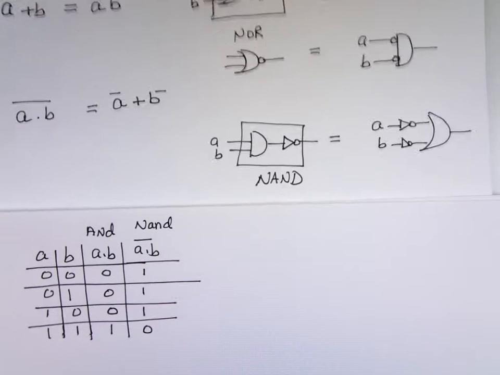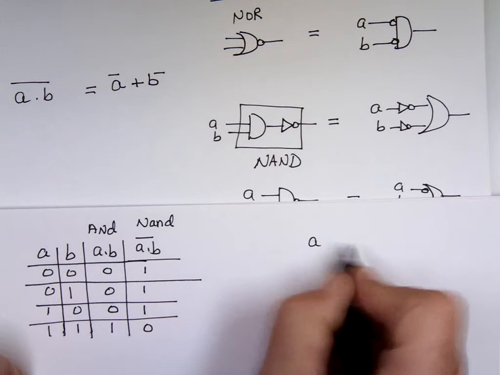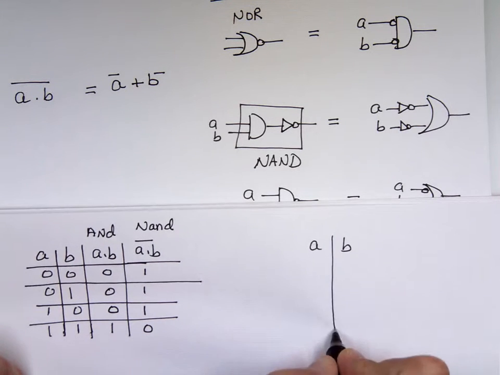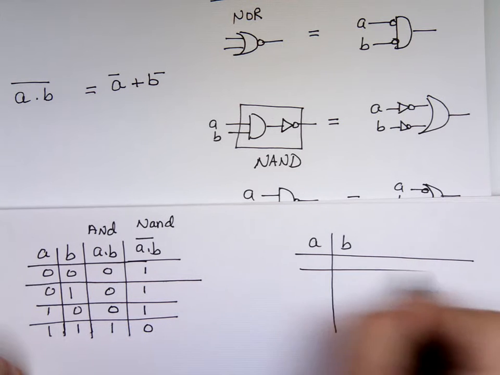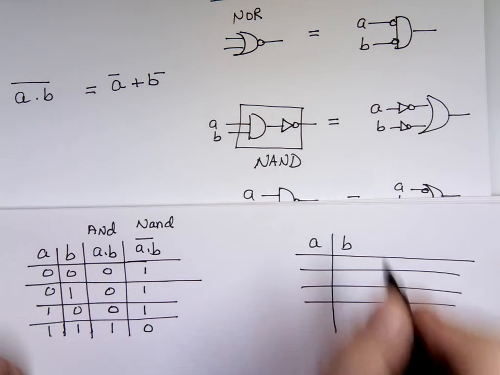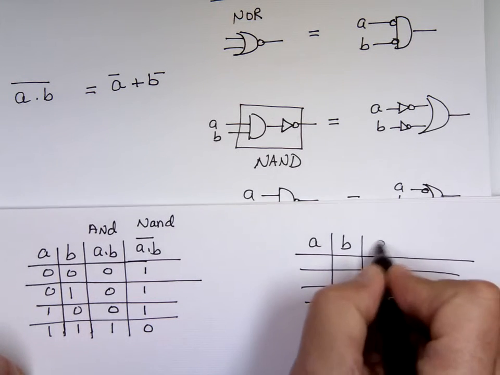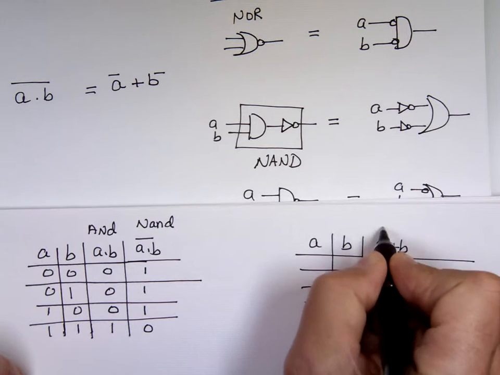Let's look at the OR versus the NOR. A or B, that's an OR gate.